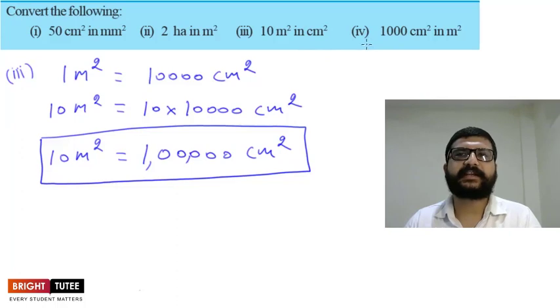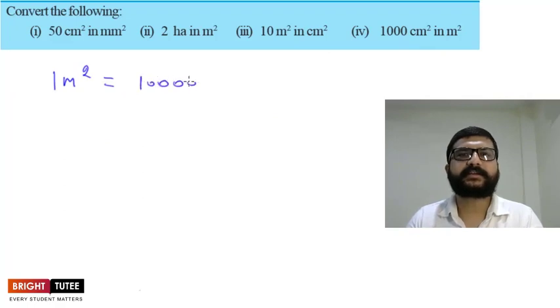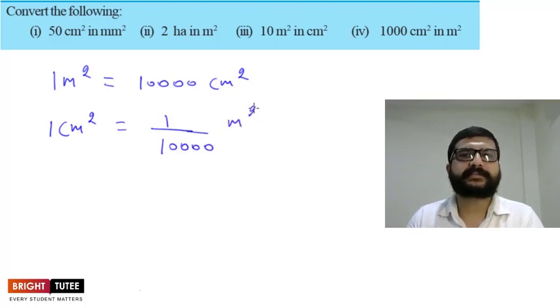Now the last question is conversion from square centimeters to square meters. Now as we have seen, 1 square meter is equal to 10,000 square centimeters. So from here we can get 1 square centimeter is equal to 1 upon 10,000 square meters.